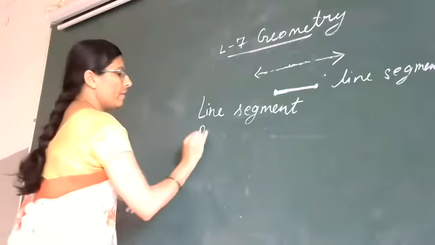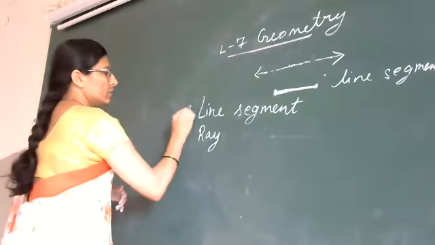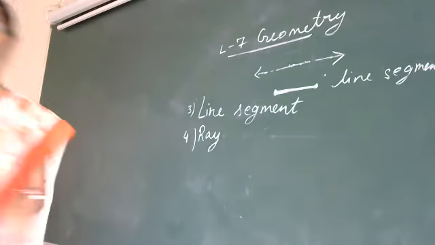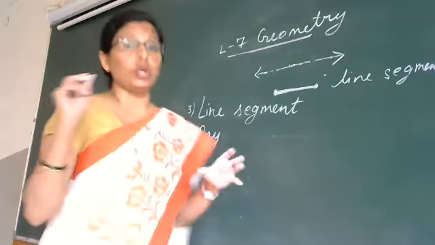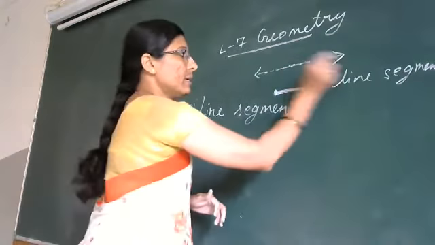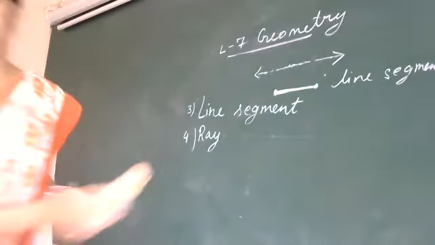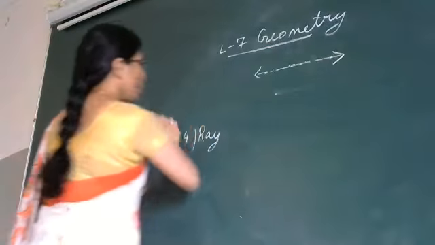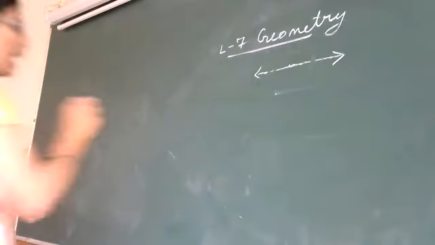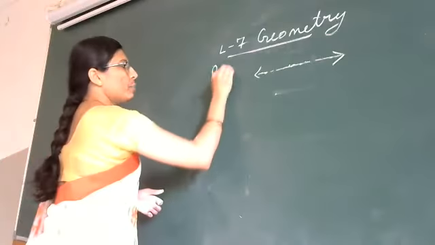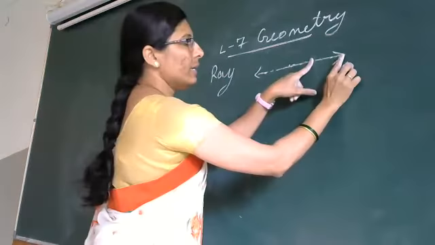Next is what? Ray. Now, what is a ray? Ray is also a part of a line, but it has one endpoint, which means one side.